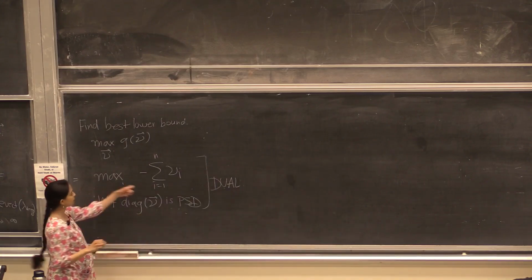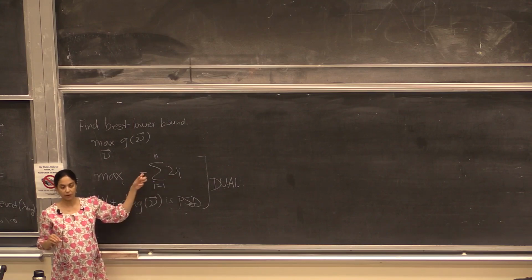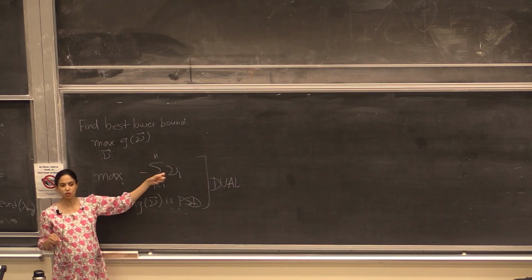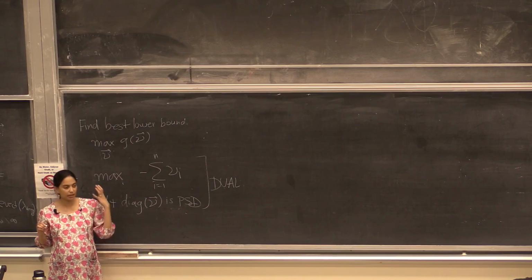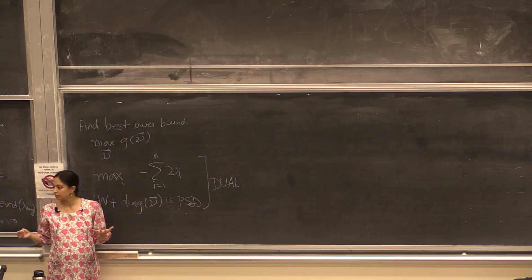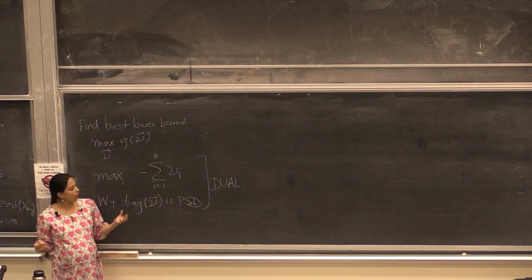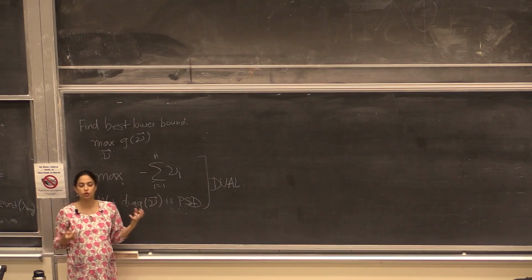So I want to maximize this thing, right? I want to maximize the negative of the nu. That means I want to make the nu as small as I possibly can, right? I want to maximize the minus of something. That means I want to make the thing itself small, right? So how small can I possibly choose nu?